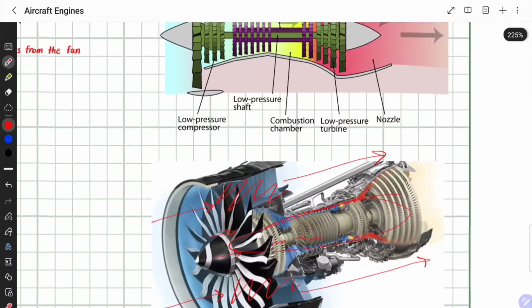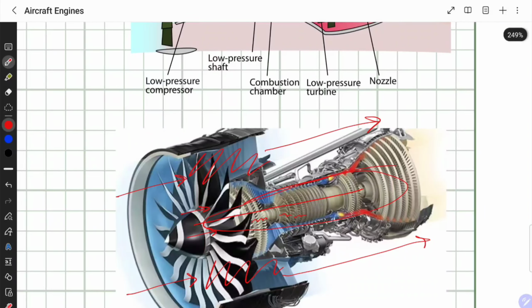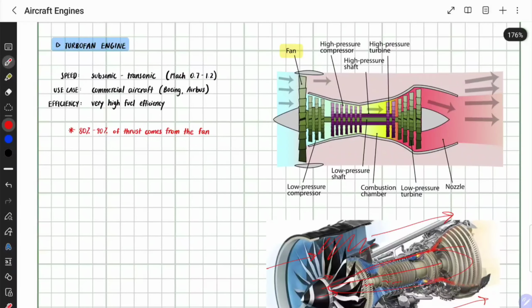Same concept here, except it's also mechanically fastened to the fan itself, and it rotates not just the compressor but also the fan. So this is mainly found in commercial jets, commercial airlines, things like that.